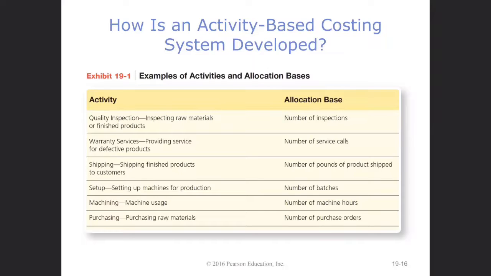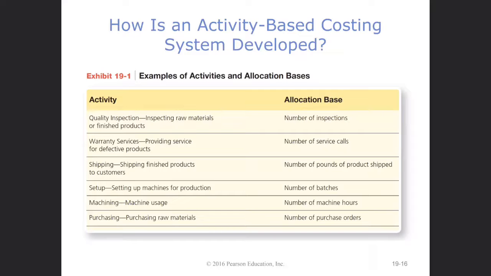So here we're looking at examples of activities and allocation bases. For activities, we have quality inspection, warranty services, shipping, setup, machining, and purchasing. For quality inspection, they're inspecting raw materials or finished products, and the allocation base that we would use would be the number of inspections.